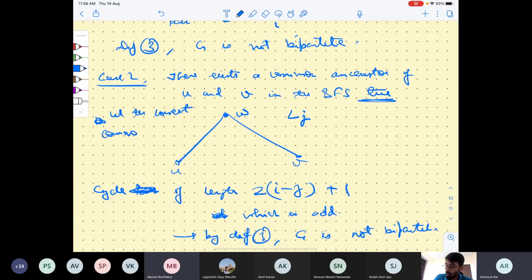So we can show that all the elements that are common in the paths occur in a particular order. If X and Y are common in the paths from S to U and S to V, then basically, look at the path from S to U and S to V, and look at the common section of the path. Look at the last vertex that is common in the paths. If S is the last vertex, then S is the lowest common ancestor, and if not, then the last vertex that is common is the lowest common ancestor, or least common ancestor, as it's called.